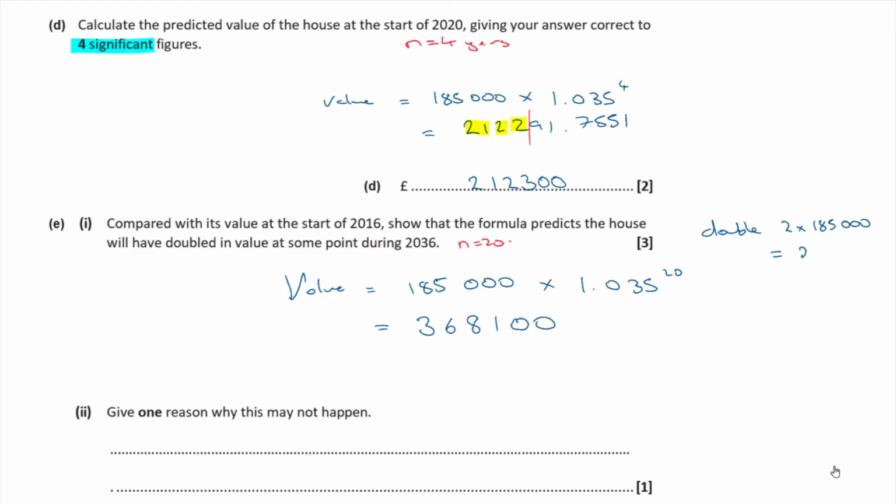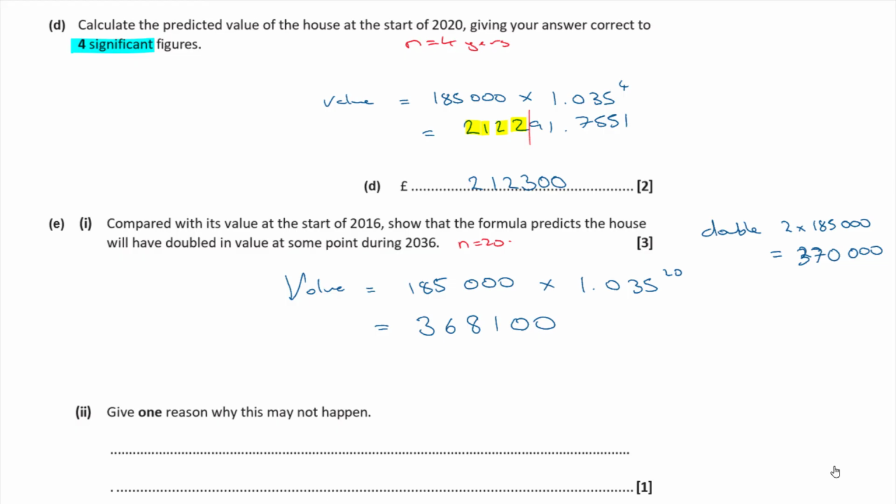That comes out to be 370,000. Okay, so it's not quite reached that point yet, is it? So at the start of 2036, it's already 368,100, which is not quite double.